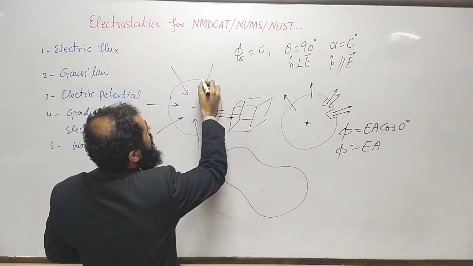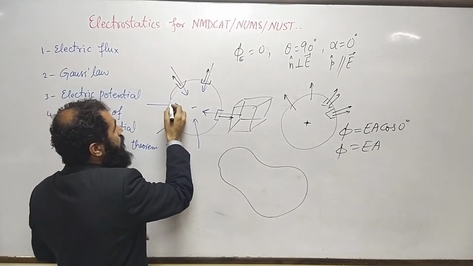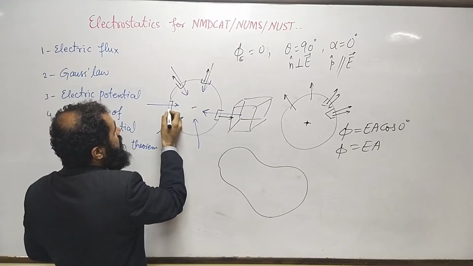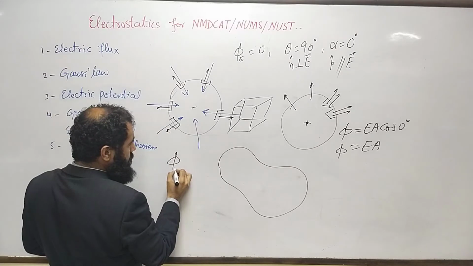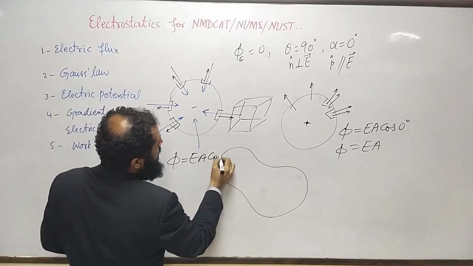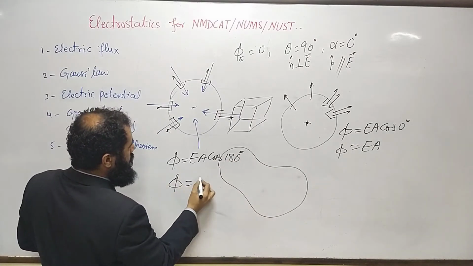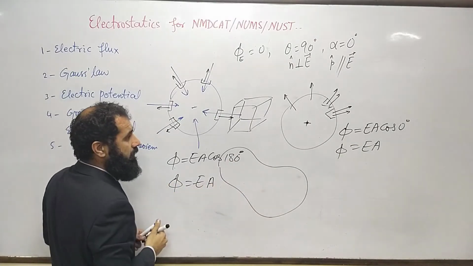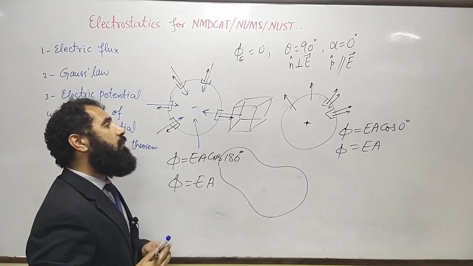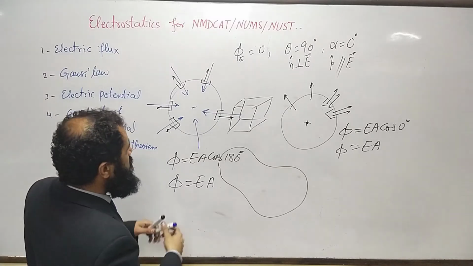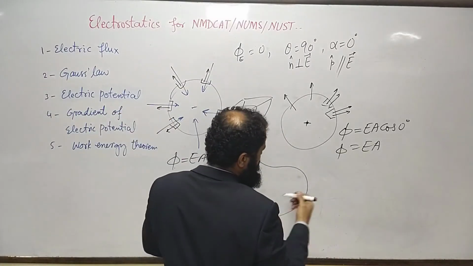That is because the normal of the area is now anti-parallel to the field lines, and in that case you would have EA cos 180, and cos 180 is -1, so we would have negative flux, maximum flux but negative.